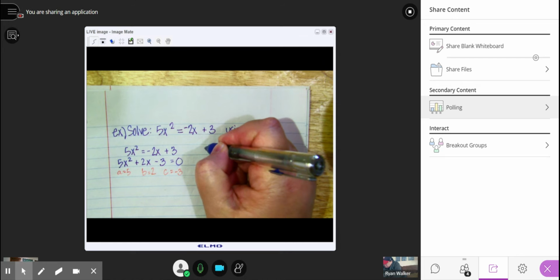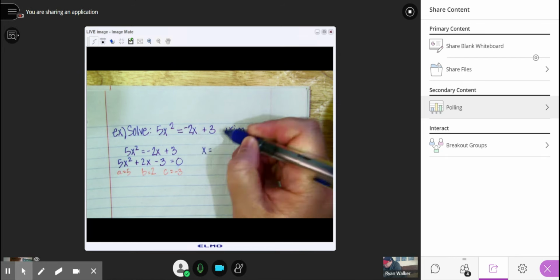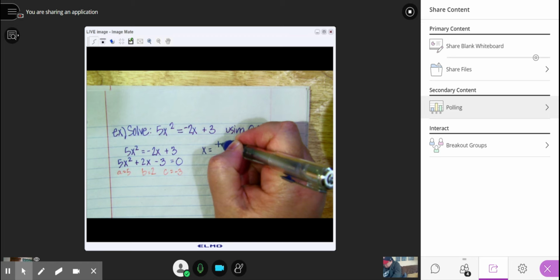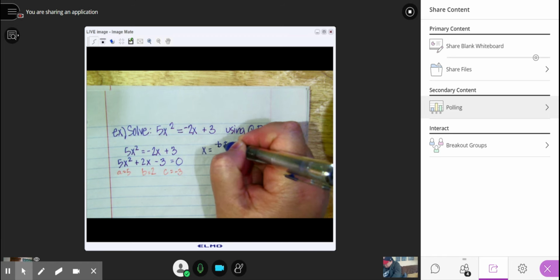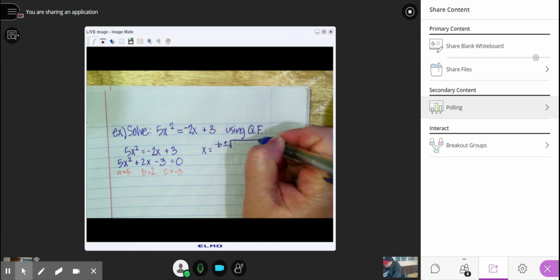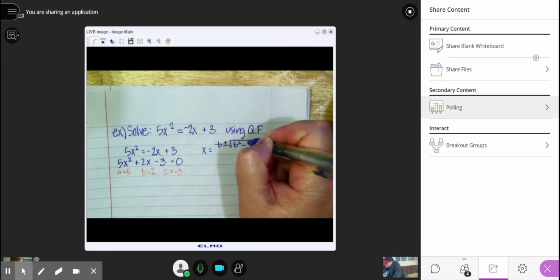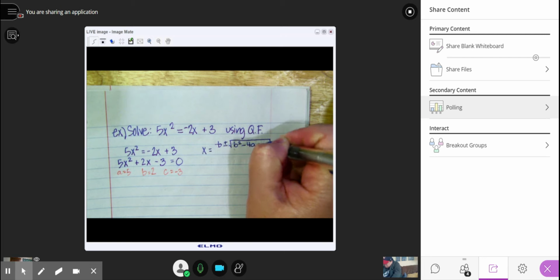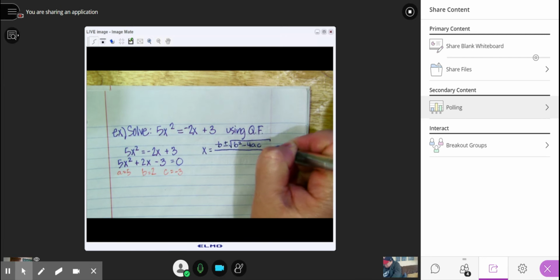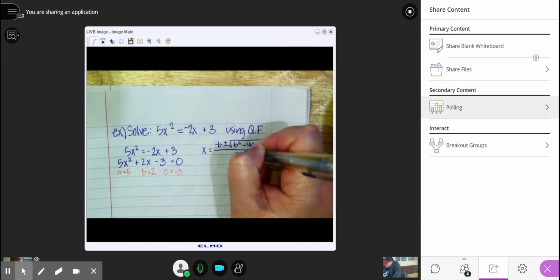Using the quadratic formula, we know x is equal to the opposite of b plus or minus the square root of b squared minus 4ac, all over 2a.